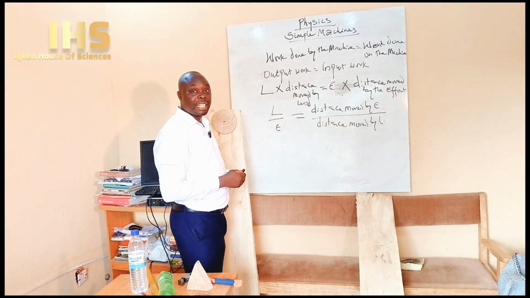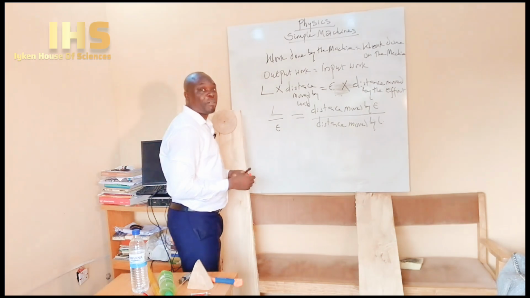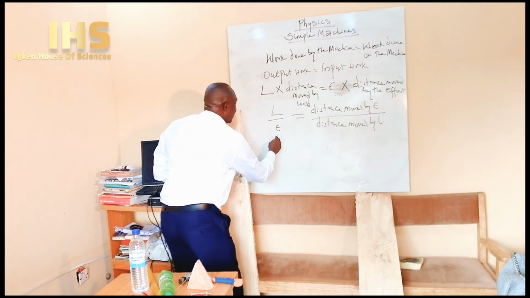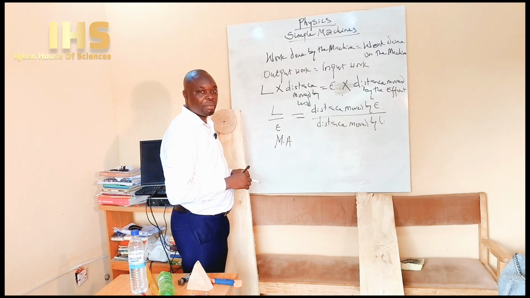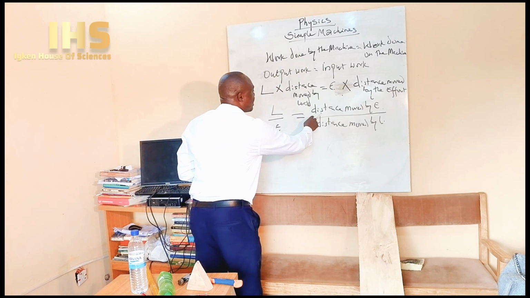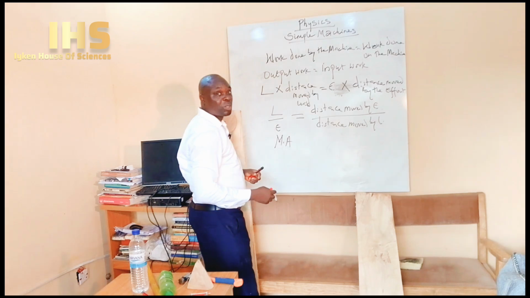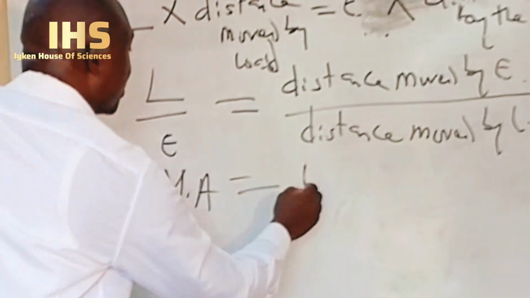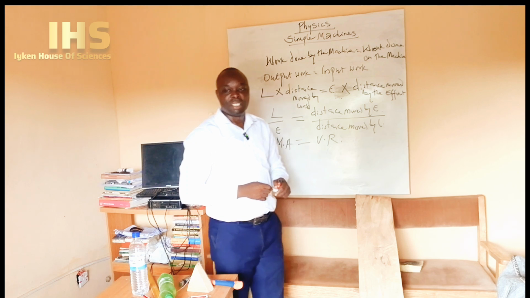So in an ideal machine, load over effort, as I told you in our previous class, is the mechanical advantage, MA. And the distance moved by the effort over the distance moved by the load, as I told you today, is the velocity ratio.